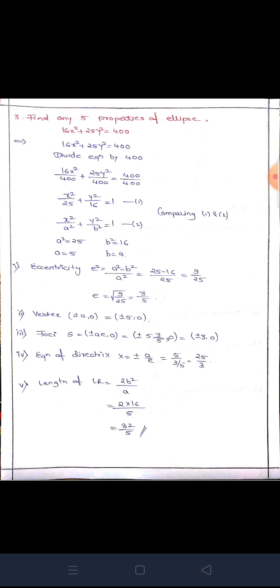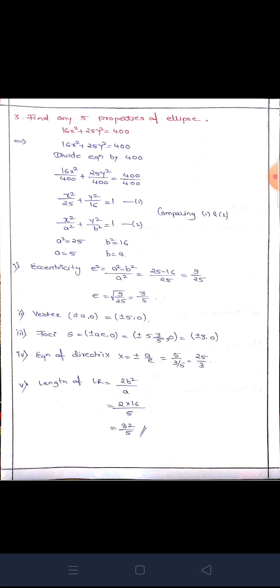Find any 5 properties of the ellipse 16x square plus 25y square is equal to 100. Now you can't compare this equation with the standard form, because our standard form is x square divided by a square plus y square divided by b square is equal to 1. So you have to make the RHS equal to 1.